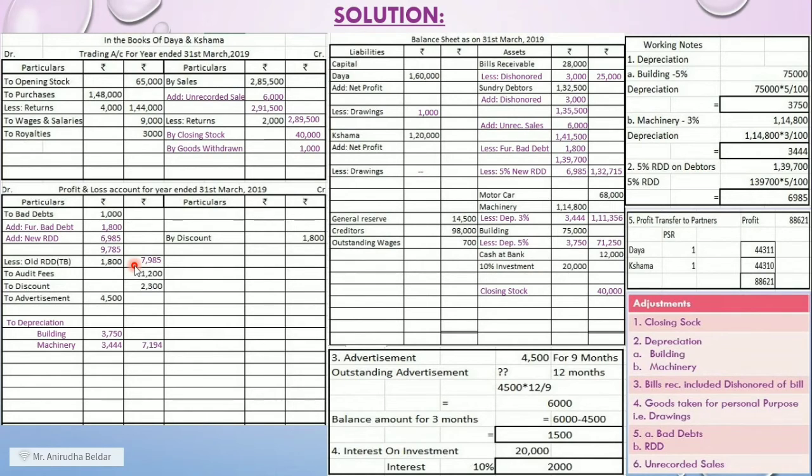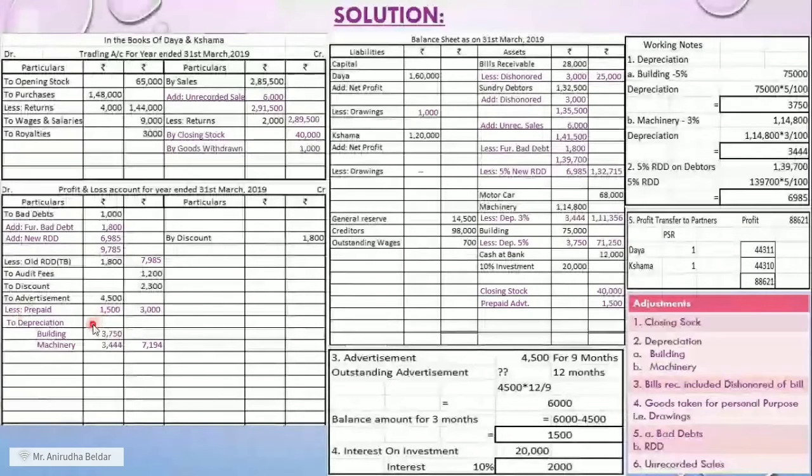Now there are two hidden adjustments, that is interest on investment and advertising outstanding. First we'll see outstanding advertisement, that is, in advertisement, less prepaid 1500.